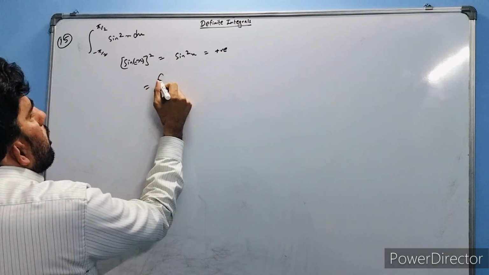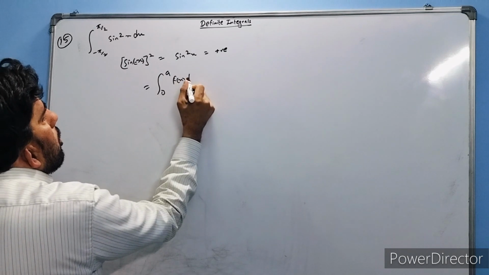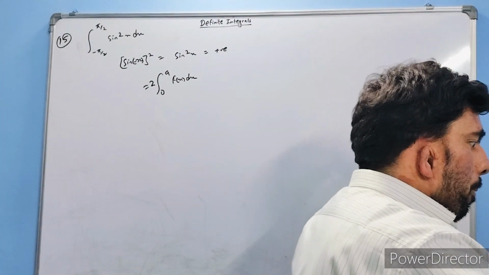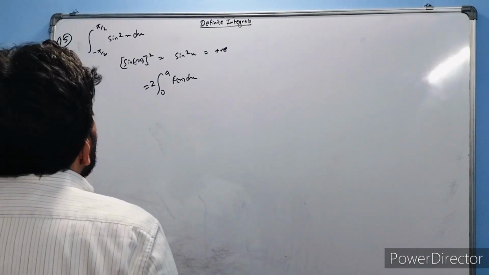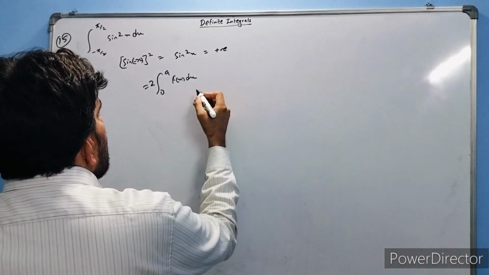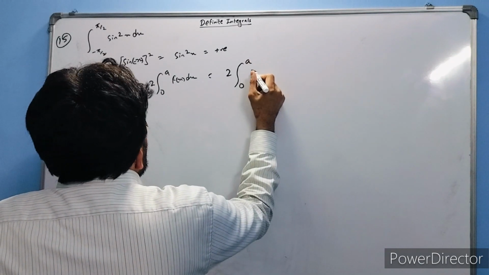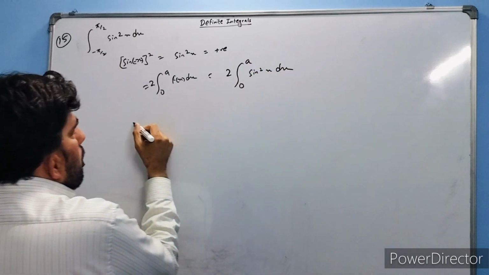So we can write it as 2 times the integral from 0 to a of f(x) dx. This is the property which I am using: if it is positive, then it will be an even function. Now it's an even function because it is positive. Now we will use 0 to a, and we write sin square x dx.